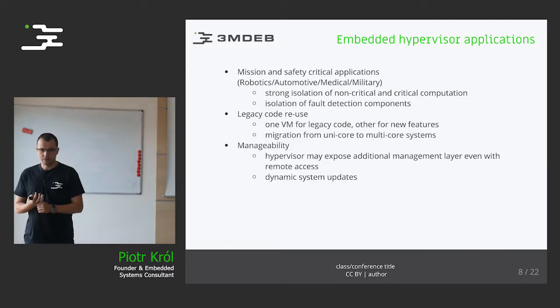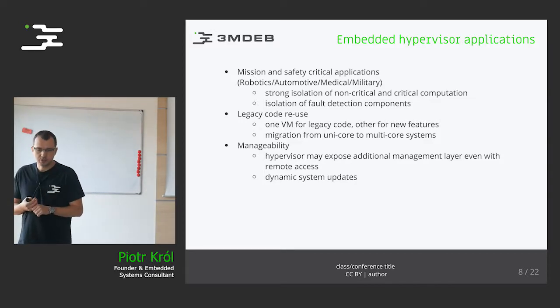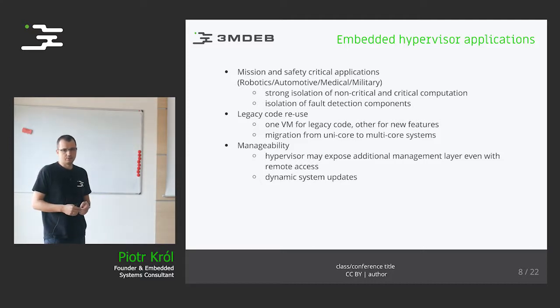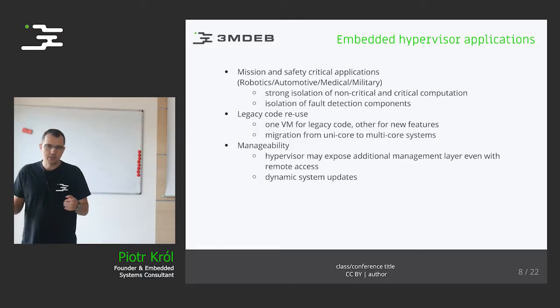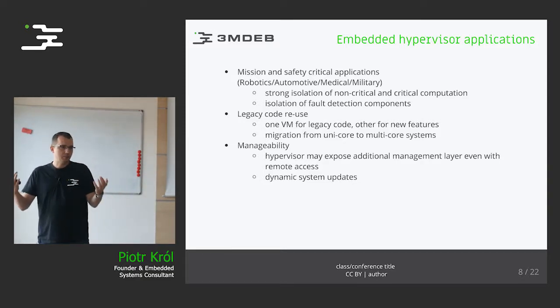What about the applications? Typically mission- and safety-critical applications, as I mentioned. This is because we have strong isolation that relies on hardware. So we can isolate critical and non-critical processes in separate VMs.